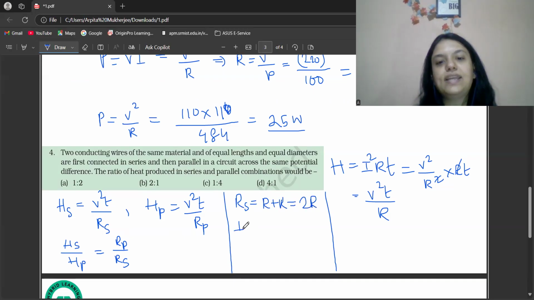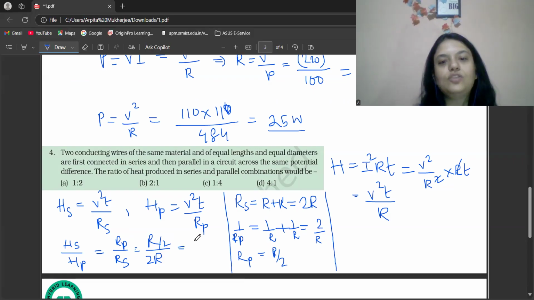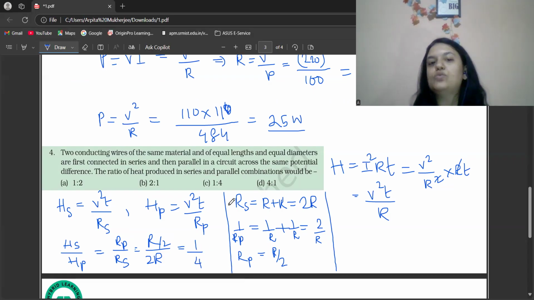And when I take 1 by RP, that will be 1 by R plus 1 by R, which will be 2 by R. So my RP will definitely be R by 2. So let's substitute. This is R by 2 divided by 2R. So my 2 will get cancelled. So that is 1 by 4, or I can say 1:4. So my option is C.